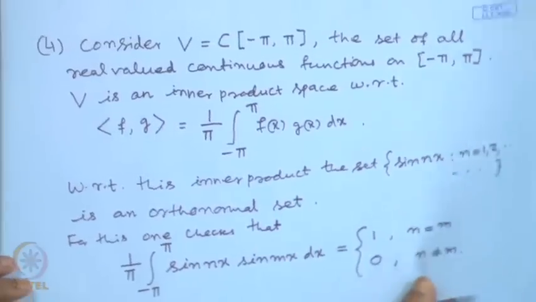Then next we shall see another important property of orthogonal vectors. A set of orthogonal vectors is linearly independent.